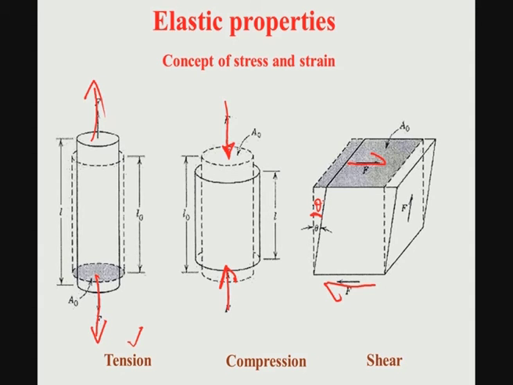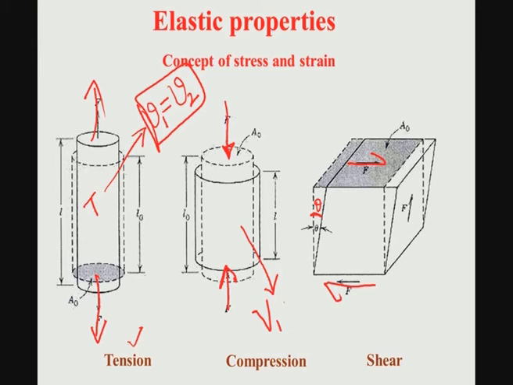What it means is that before the application of the tensile stress, if the volume of the material is V1, and after the application of the tensile stress, at any given instance, the volume is V2, then V1 must be equal to V2. If it is compression, again before the application of compression stress it is V1, after the compression stress it is V2, then the volume will remain constant.